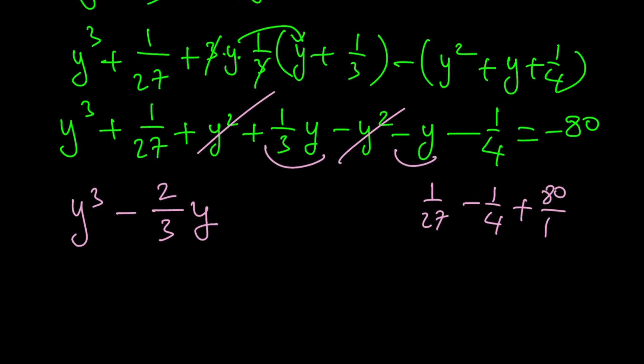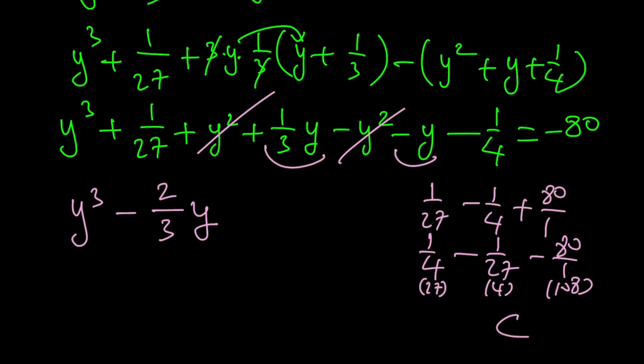But we want to put them on the right-hand side. So we rather write this as 1/4 minus 1/27 minus 80/1. The common denominator will be 4 times 27, which is 108. Multiply by 27, multiply by 4, and multiply by 108. You're going to get a very large number. Let's just call that C, okay?